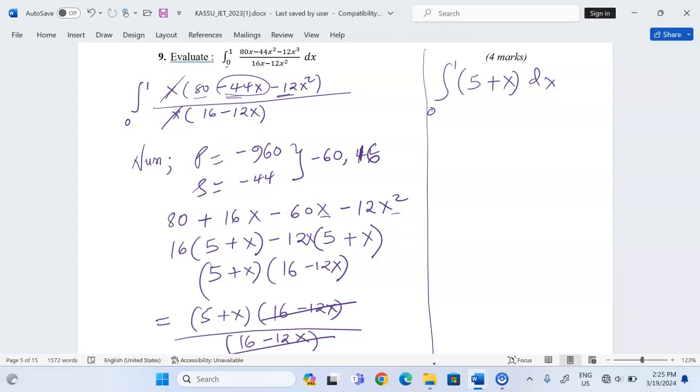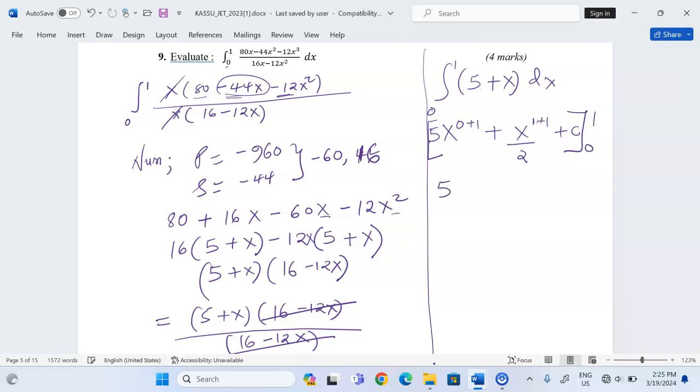That means now we're going to integrate 5, which has x to the power 0, so x becomes power 1 because of the added power. Plus x, which is already power 1, becomes x squared, and the 2 divides here, plus a constant of integration, from 0 to 1.